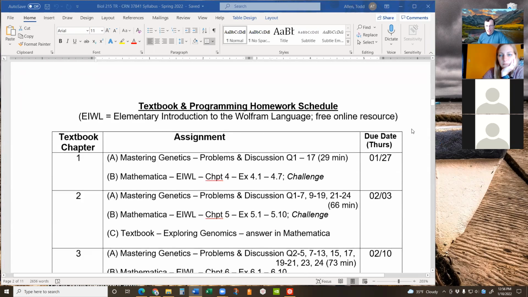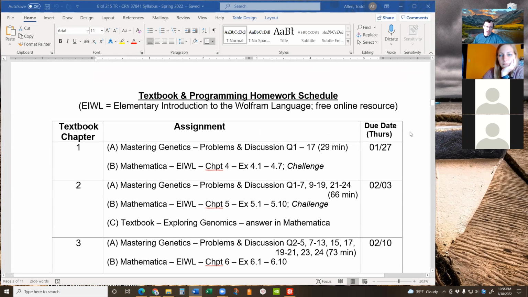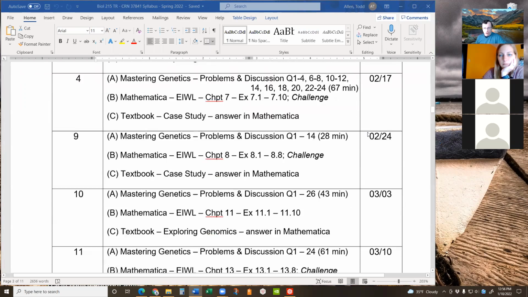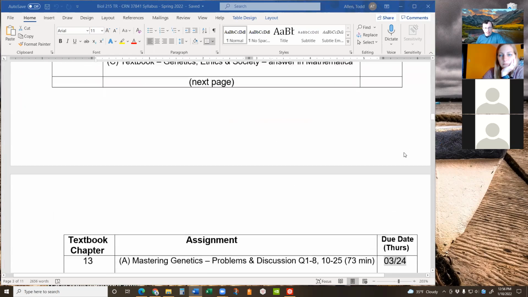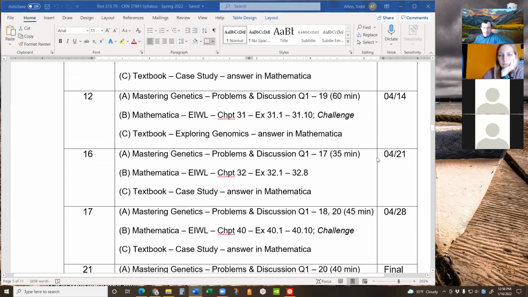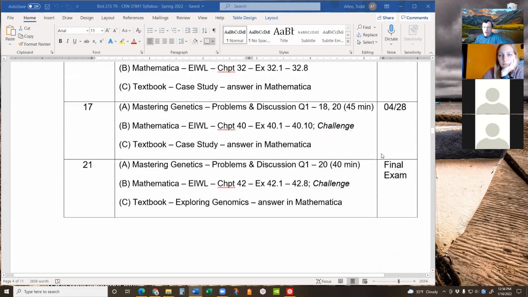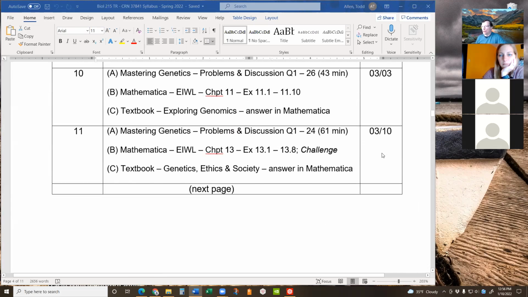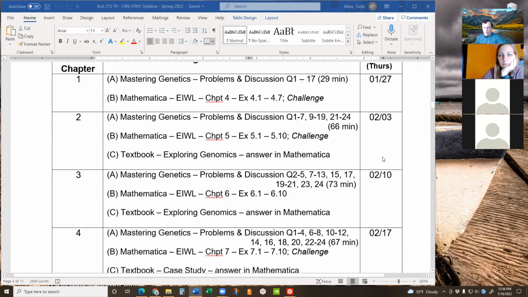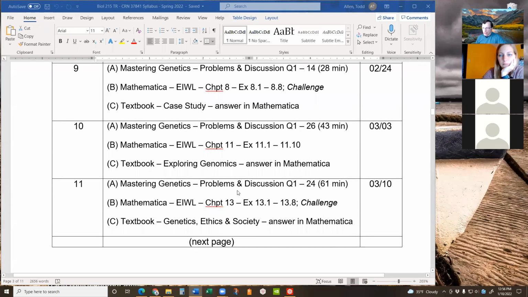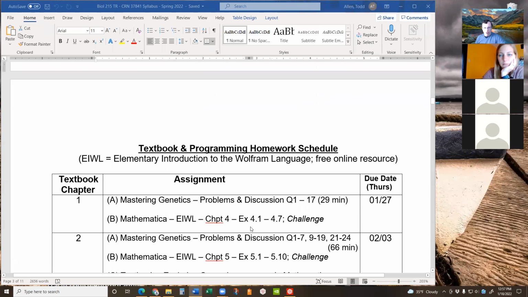Okay, here we have a textbook homework and programming homework schedule. If you've looked through this, it might seem pretty intensive, and it is, but don't forget, you're doing these things on a weekly basis. So you don't have to worry about what's down here right now. All you have to worry about is what's up here right now, okay?